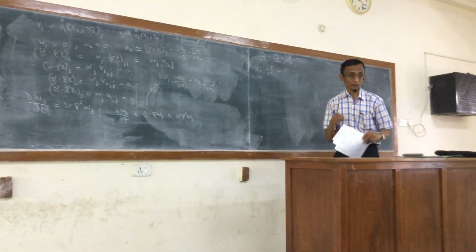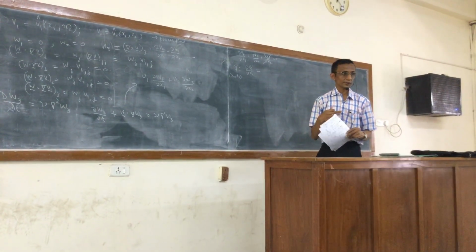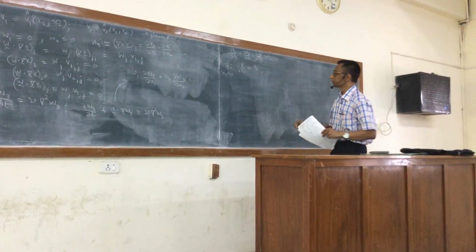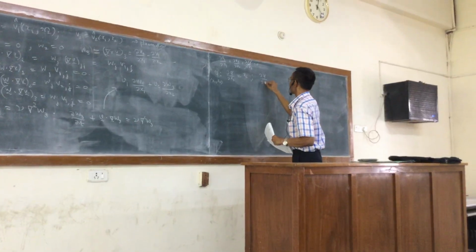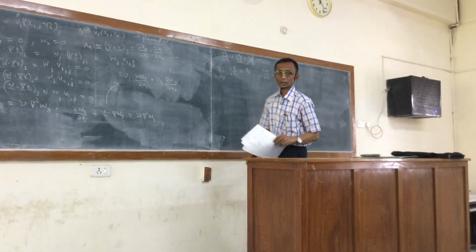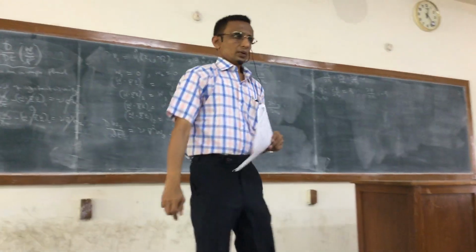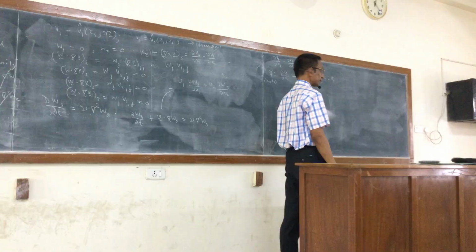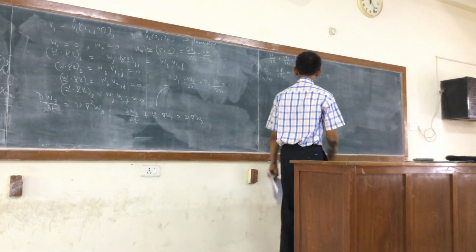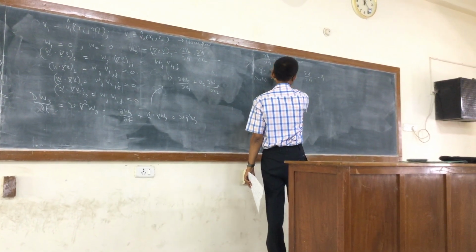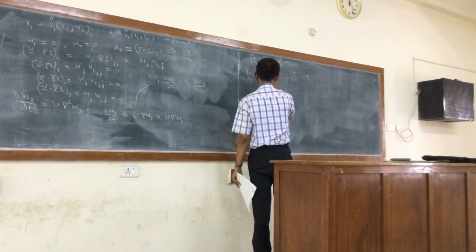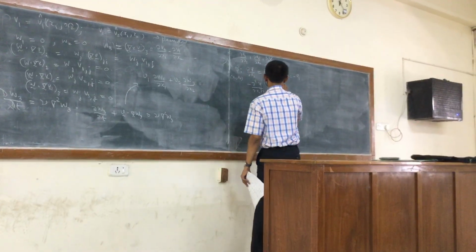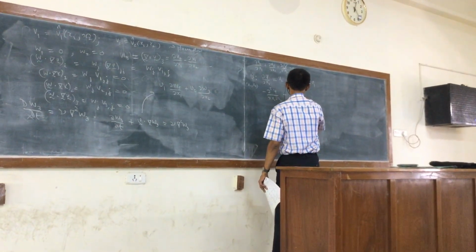But we choose psi such that dpsi by dx1 is equal to v2 and dpsi by dx2 is minus v1. So then what happens to this equation? We can clearly see that dv1 by dx1 will be minus d squared psi by dx1 dx2, plus dv2 by dx2, which is d squared psi by dx2 dx1, which gives 0.